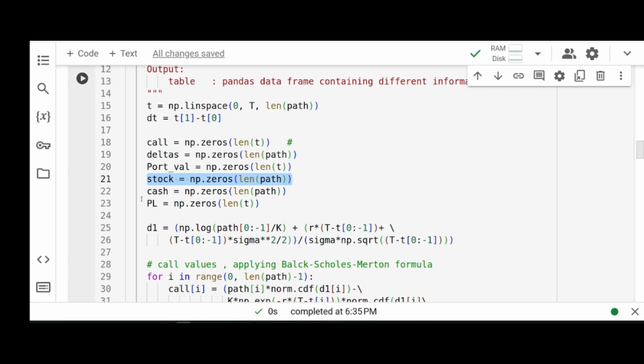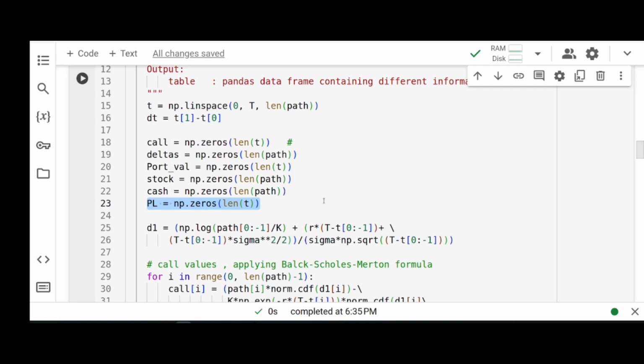Also, we create an array of zeros for storing the cash required to cover buying a share, or if it is surplus, it is positive, we deposit it into the bank account. Then this is P and L for tracking the profit and the loss. Especially this is significant at maturity. It must be closer to 0. That is the objective of hedging.